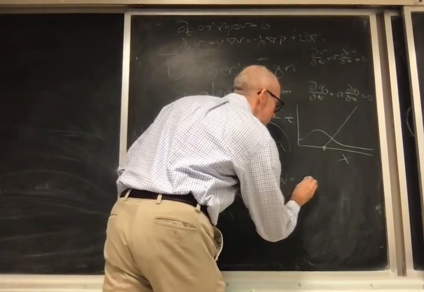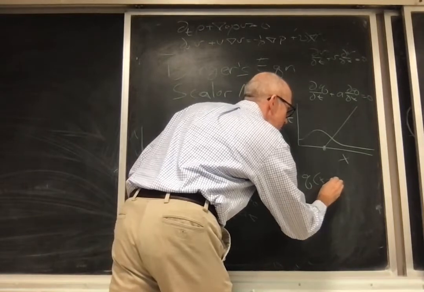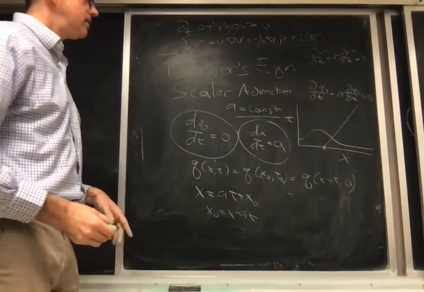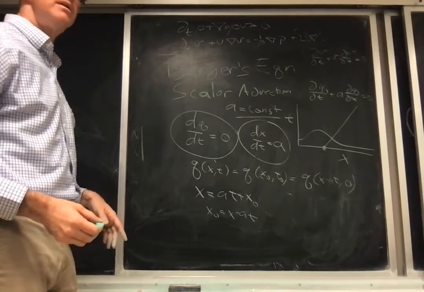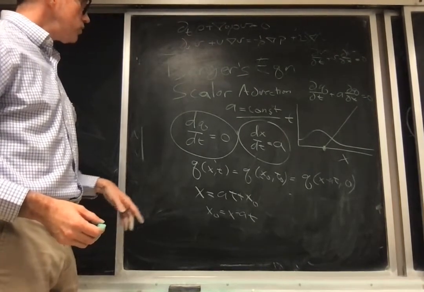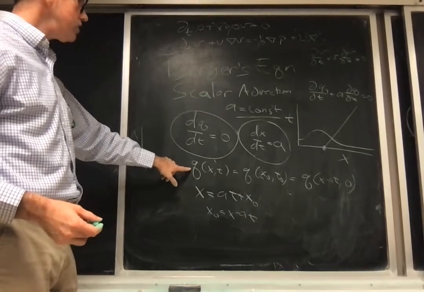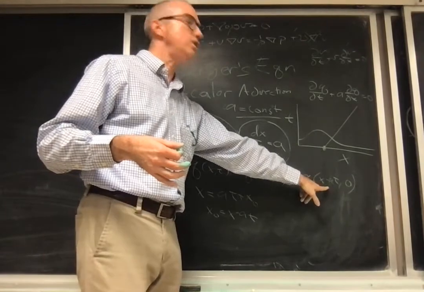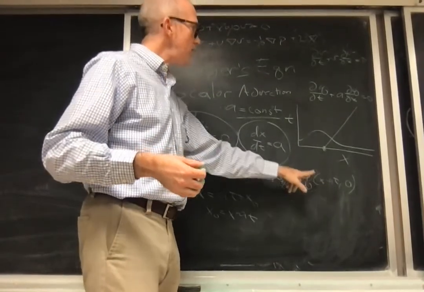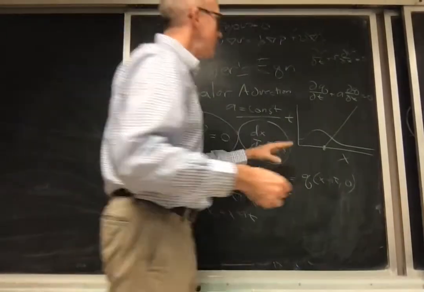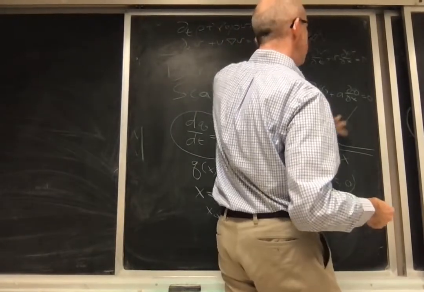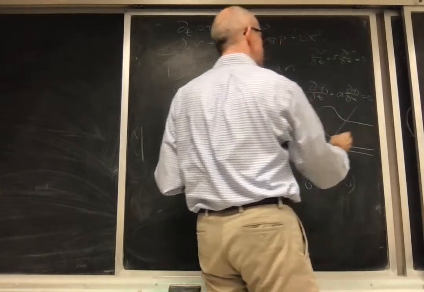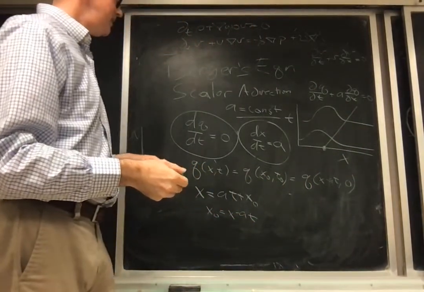Now, q of x minus at, 0. That works fine. So q of x and t, this is the concentration of stuff as a function of position and time, is just the initial condition shifted. So at a later time, if this is what my initial condition looks like, I've just shifted along this line. That should look like this, shifted over that way some. Does that make sense?